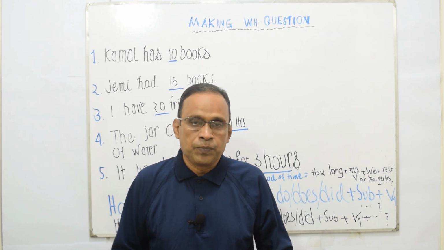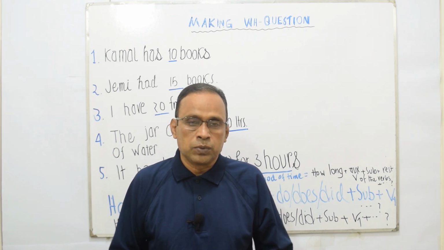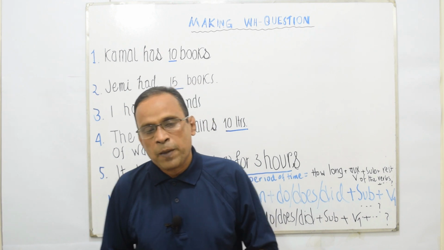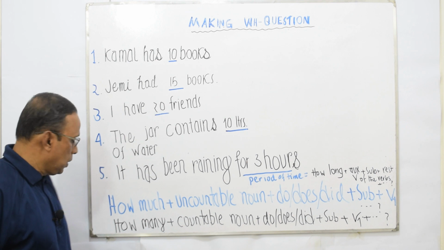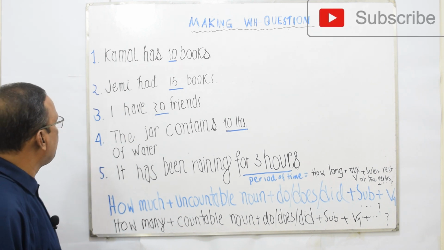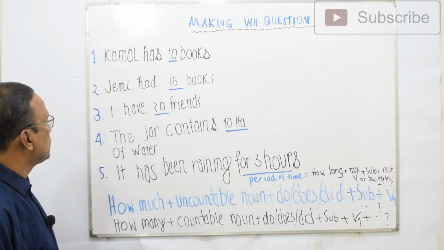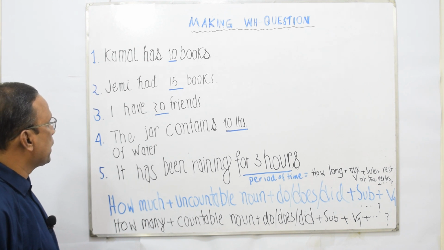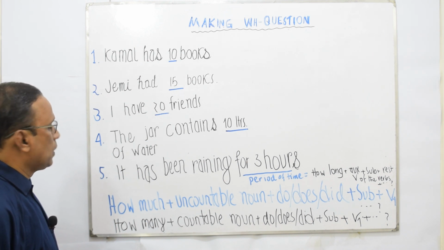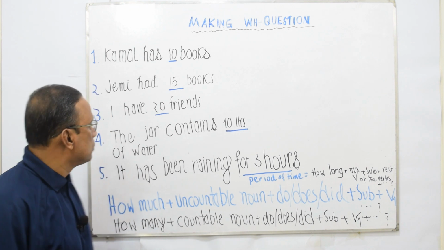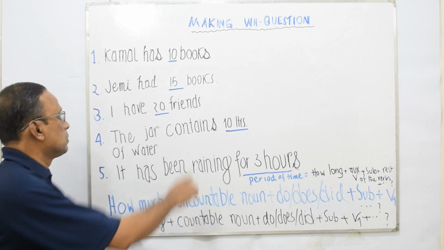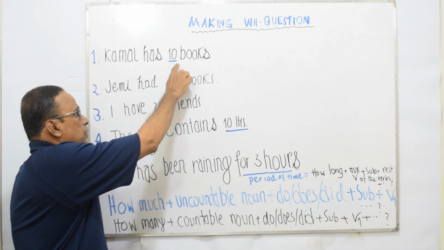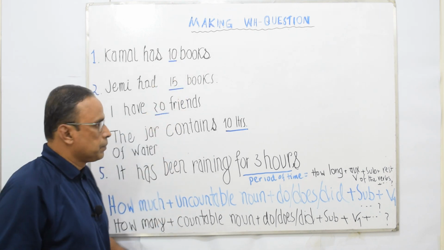We'll try to make a WH question out of each statement. You can see 5 sentences here. Our first sentence is, Kamal has 10 books. We can see the mark just down this number.